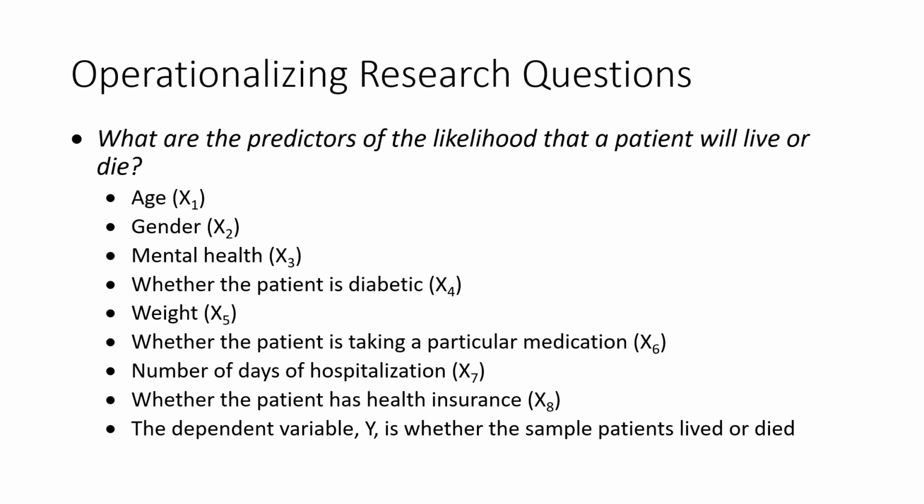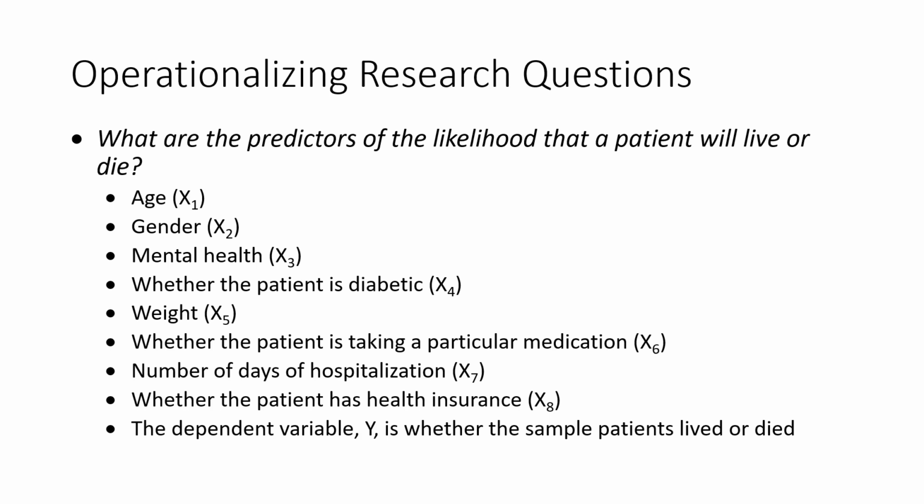So you might include age as a predictor. That would be x1. Age is a scale level variable, right? So older patients might have a greater likelihood of dying than younger patients. Gender might be relevant, so that's a dummy variable, a binary variable. You could call that x2. Mental health might be relevant.